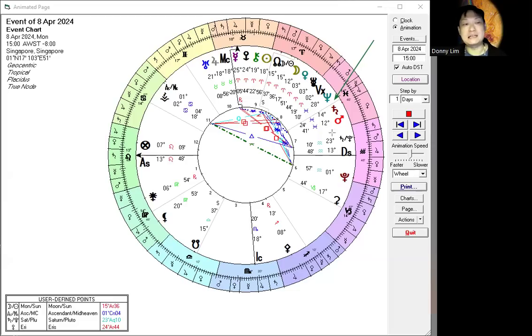So I hope these 12 other facets of the 7th house have opened up your eyes to see the different layers of the 7th house in a more holistic way.